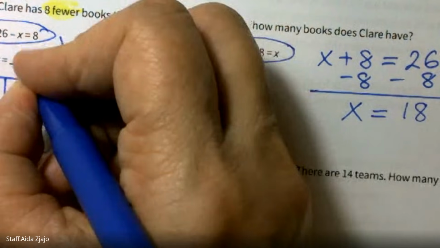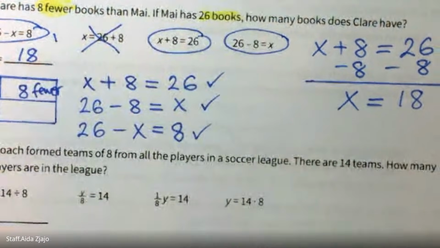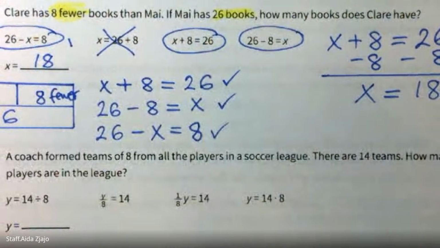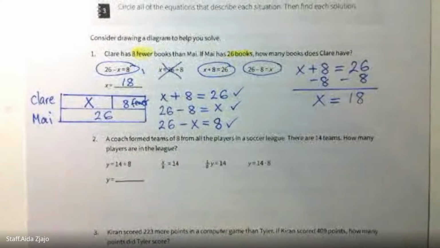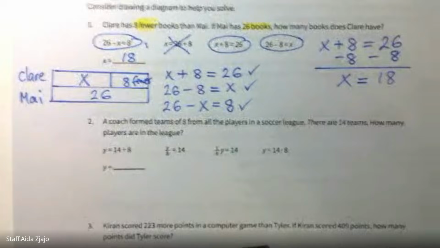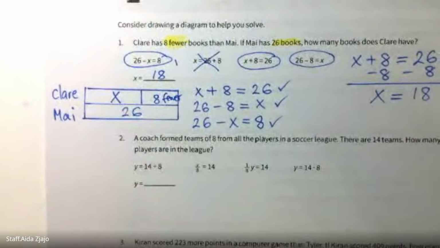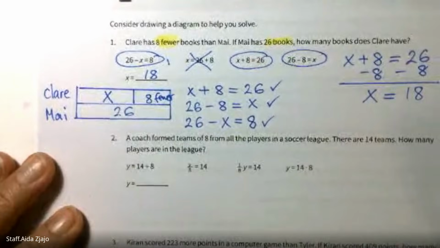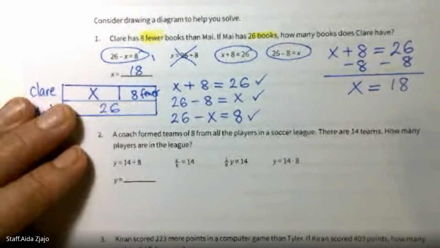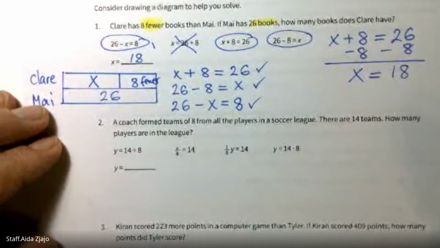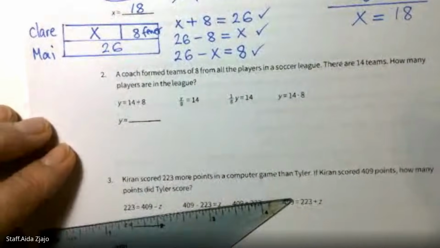So x is 18. All right. I think this is better like this. So that was the problem about Claire. Let's go to the next one.